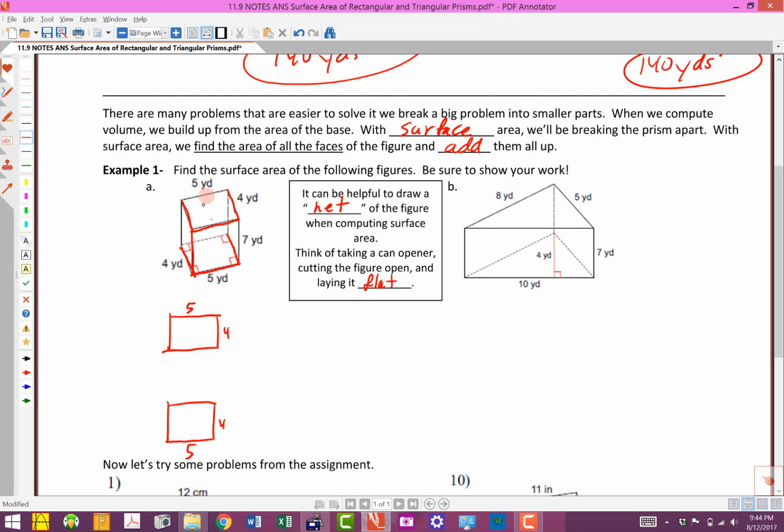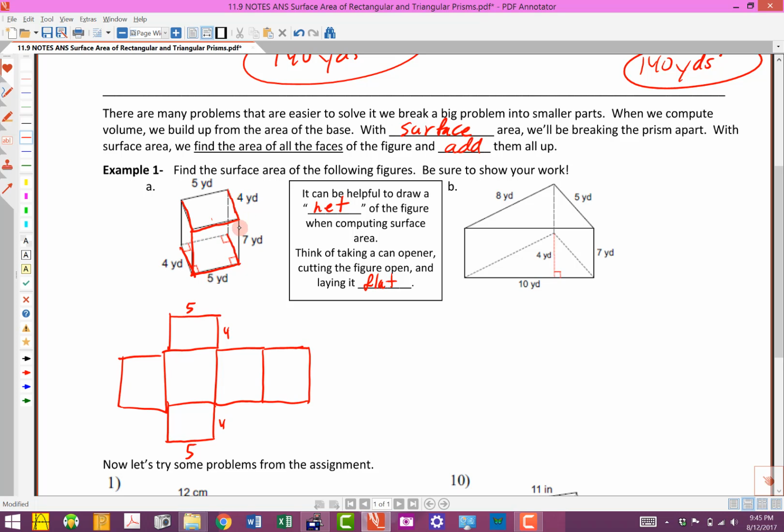Now the hinge piece right here is the back part of that, so I'm going to draw that here. We cut along here, so I'm going to flop this left side open right here. It looks like this. And then we've got the back, and then the right side looks like this, and then the front will finally flop open. Now, if you look at this, we've actually got 6 sides here, 6 faces. We've got a top and a bottom, we've got a front and a back, and we've got a left and a right.